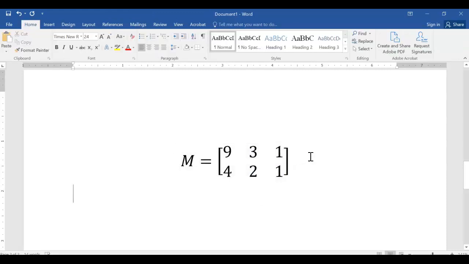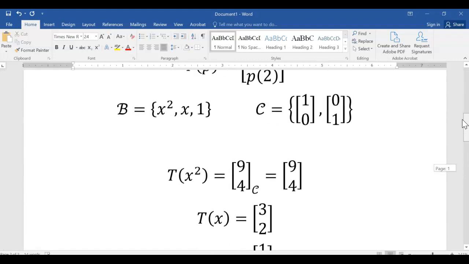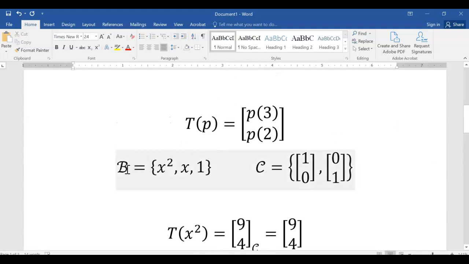So 9, 3, 1, 4, 2, 1. All right, that's the matrix M. Now that is, in essence, the matrix that describes the transformation using the coordinate vectors for B and coordinate vectors for C.